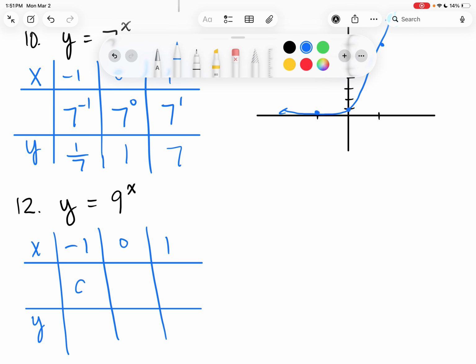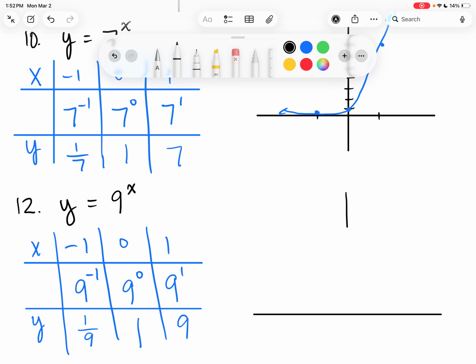So, I'm going to have 9 to the -1, which is 1 over 9. I'm going to have 9 to the 0, which is 1. And I'm going to have 9 to the 1, which is 9. And then I'm going to set up my graph again. This is easy.